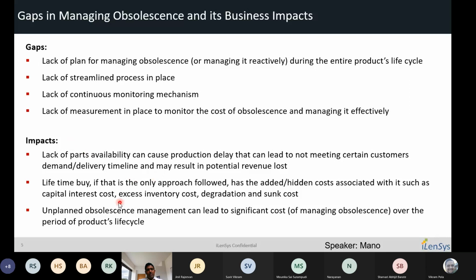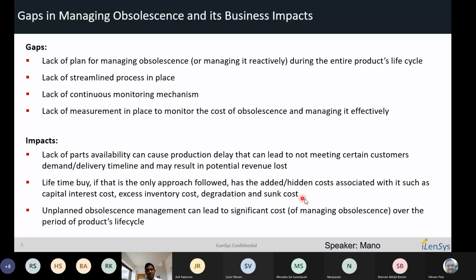And also, we see that lifetime buy is the only approach being followed in many instances. When we do that, it is not only the lifetime buy cost; there are hidden costs associated with it, such as the capital interest associated with your lifetime buy, and the management of your excessive inventory. And when you have excessive inventory, degradation tends to happen, and sunk cost tends to be involved.